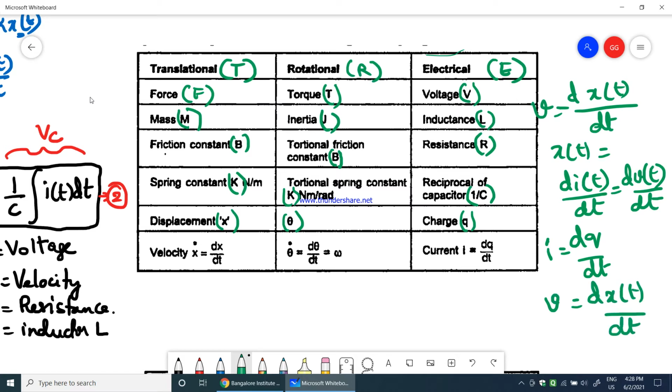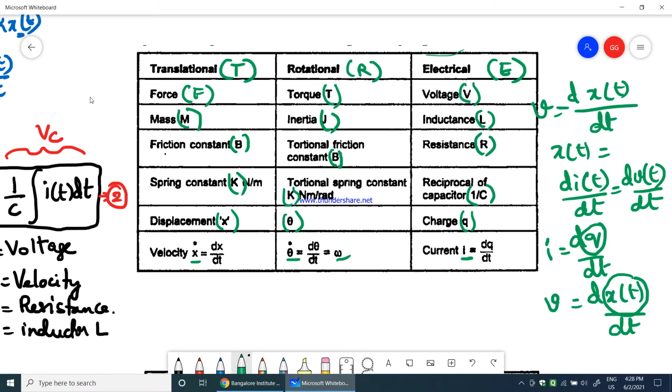Therefore, can I say the displacement x of t will be equal to the charge in the electrical network, because the time rate of change of charge is current, and the time rate of change of displacement is velocity. So you can equate charge to displacement. That is what we are doing. Similarly here, velocity v and angular velocity omega are equal to the current I in the electrical network.